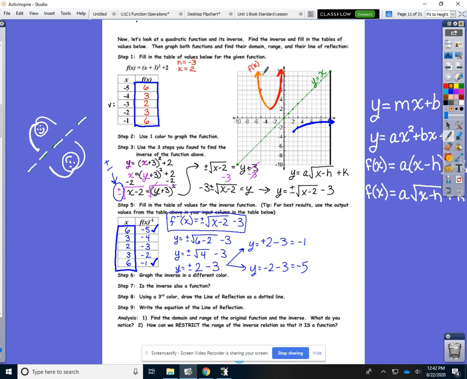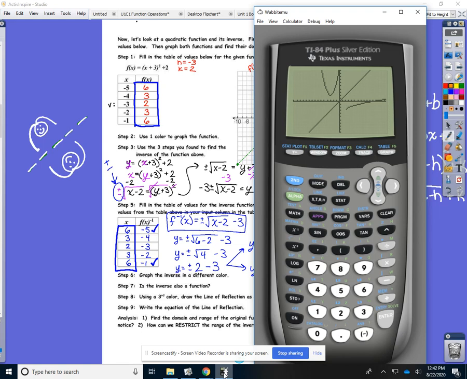Okay, so if you graph it on a graphing calculator, I want to point out that you have the positive square root here. You'd have to separately put in the negative square root because you don't have a button on your calculator that says plus minus. So to see the rest of the graph, you would have to enter it separately as the negative square root of x minus 2, then hit your right arrow to get out of the radical and enter -3.